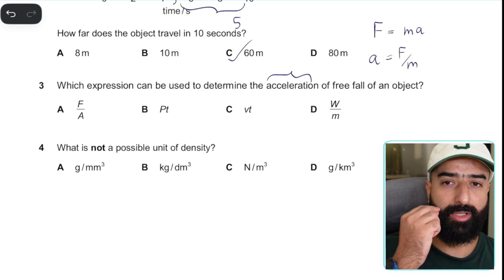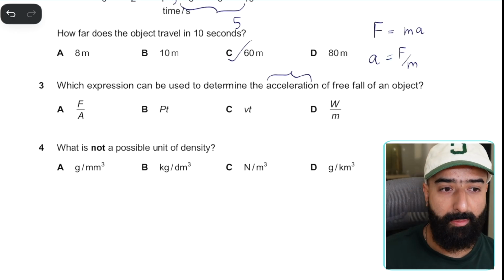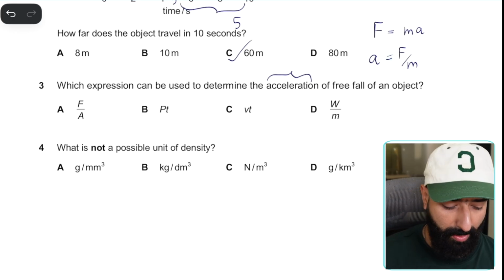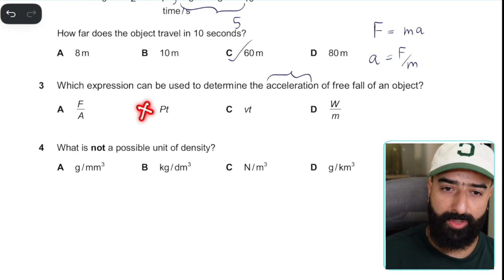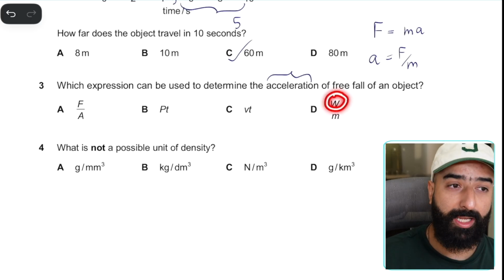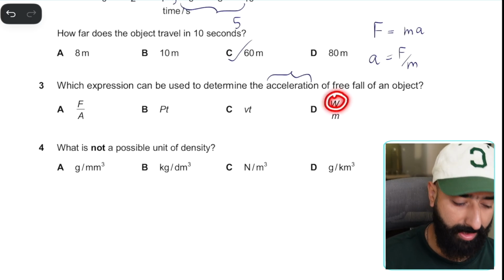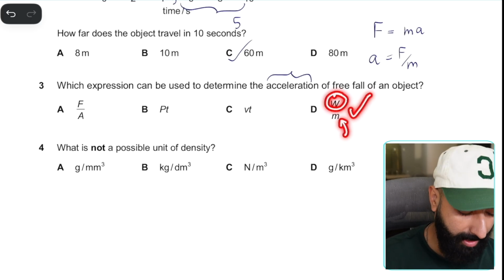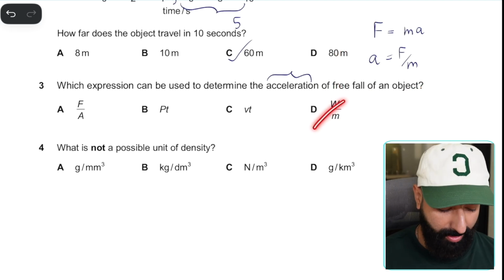So the acceleration should be force over mass. Do you see any force? No force here, no force. Yes, force, but divided by area. No. That's not correct. What about this? Weight. Weight is a force divided by mass. That's right. So that's the correct option.